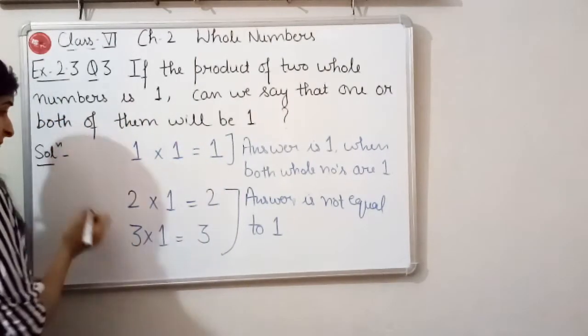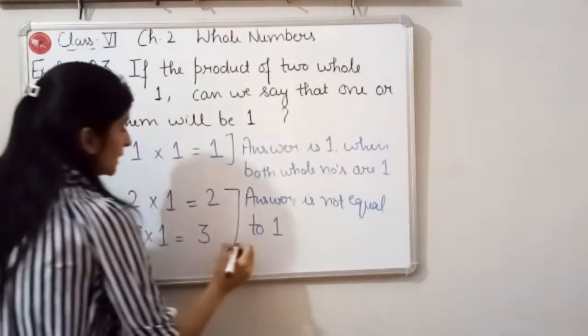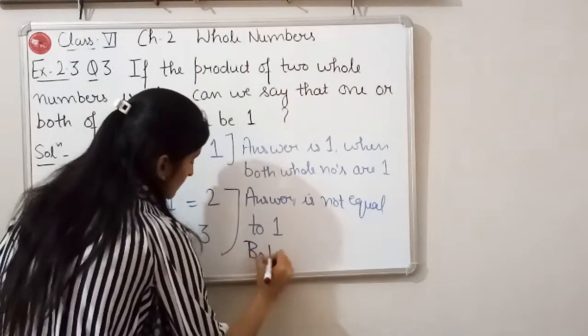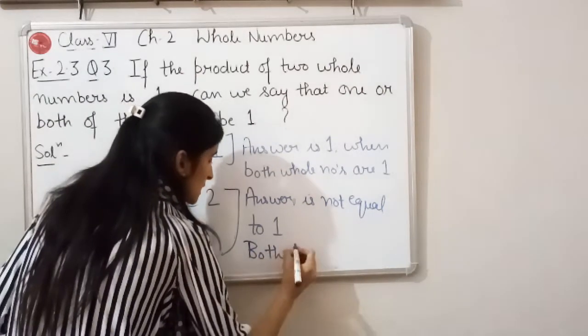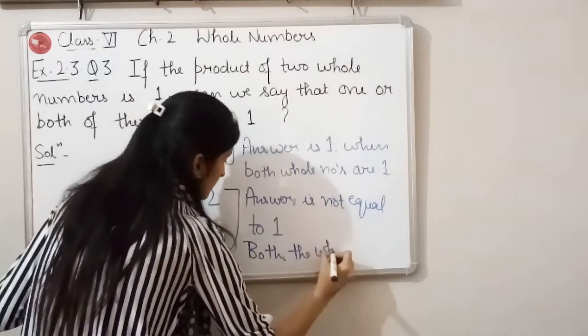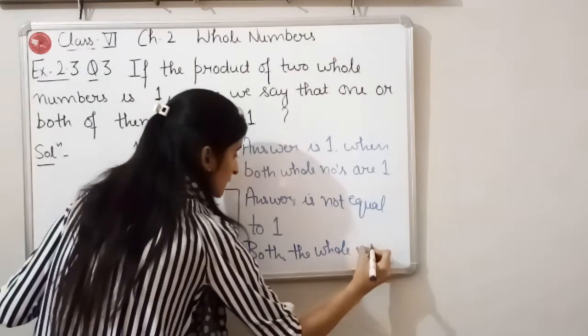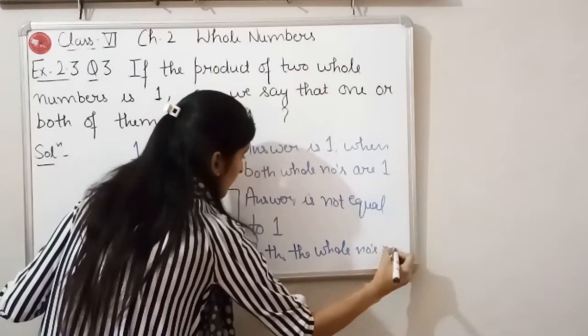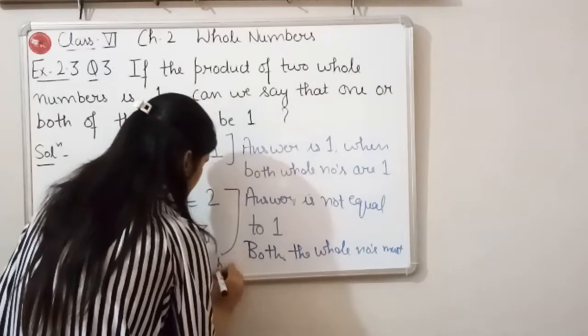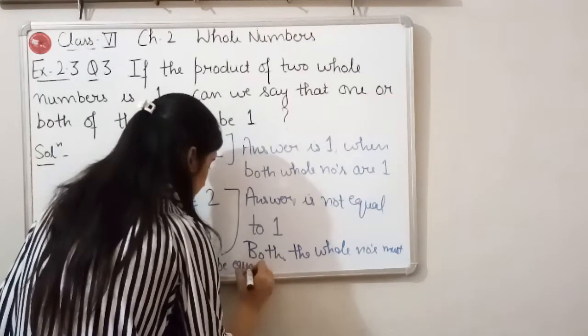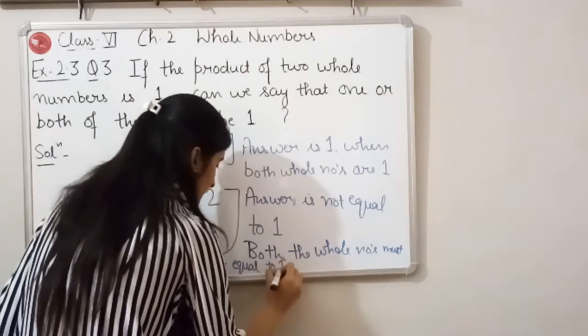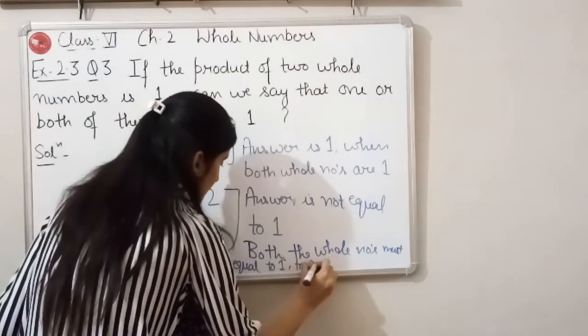What will be the answer here? Both the whole numbers must be equal to 1 to get the product 1.